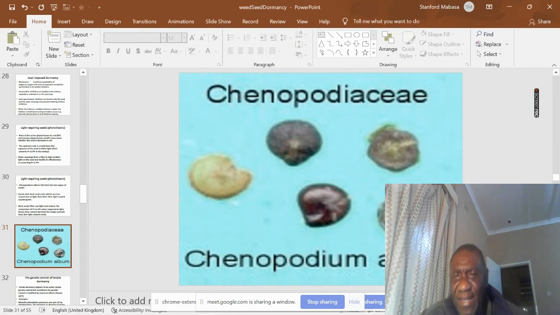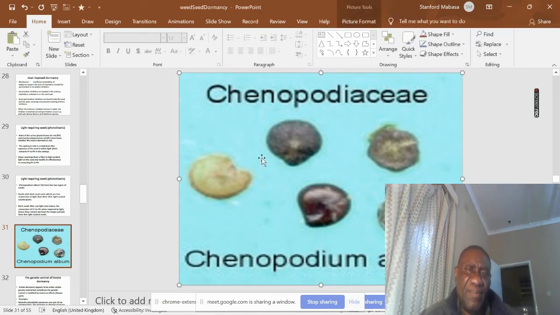But the dark coated seeds, these will take time to convert PR to PFR. So they will remain dormant. Same seeds from the same plant. So the plant family is the Canopodiaceae, Canopodium album.